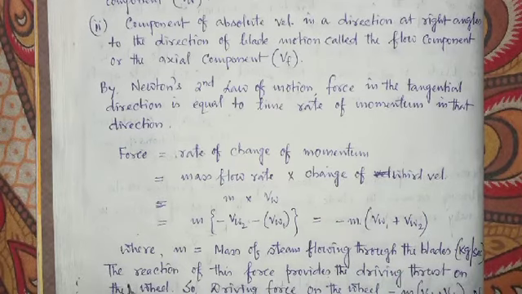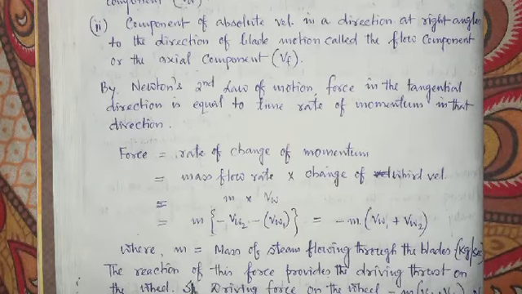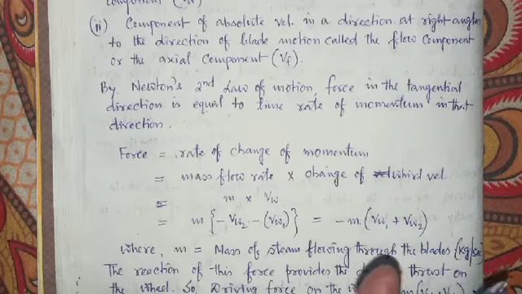Now, the reaction of this force provides the driving thrust on the wheel. This is the cause for which the blade is bound to move.